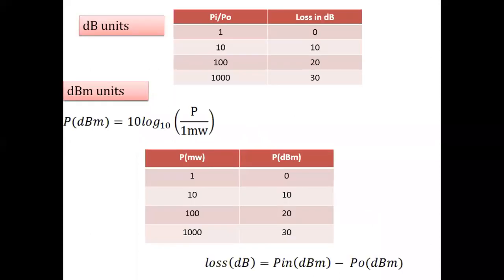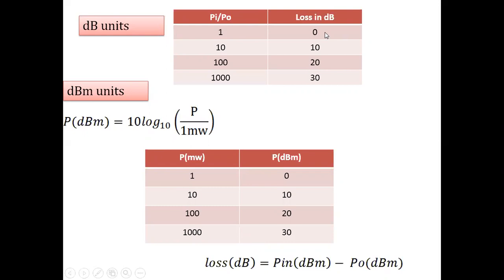Then we can see about dB units. It would be nice to have a conversion from linear to dB units. If Pi over P naught is 1, so the ratio between Pi and P naught is equal to 1, then there is no loss. The loss is 0 dB.